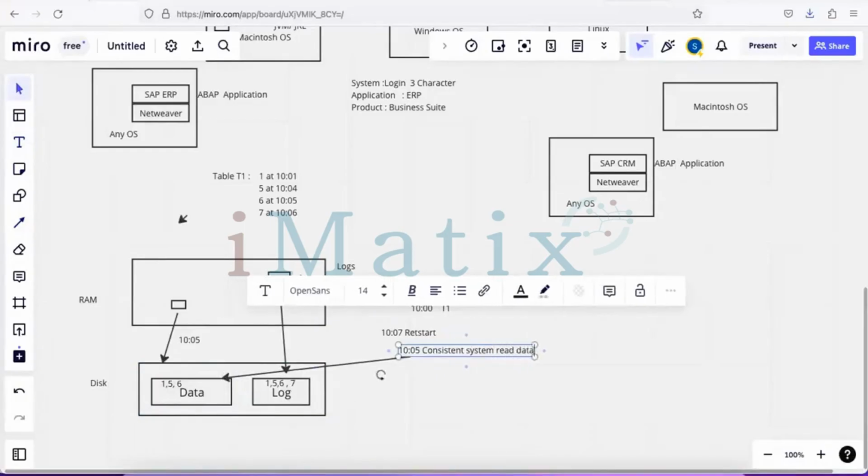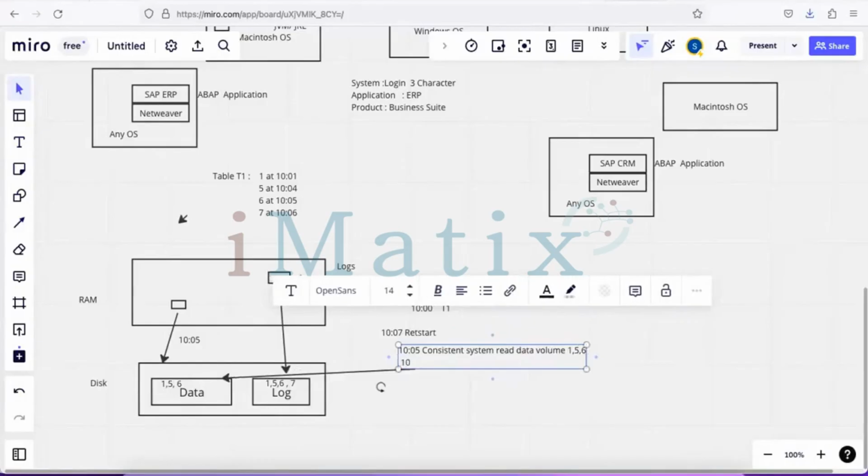It is going to read the data volume. The value was 156, and then for the 10:06 information it will read from the log file. In the log file the value was 7. It will make 1567.